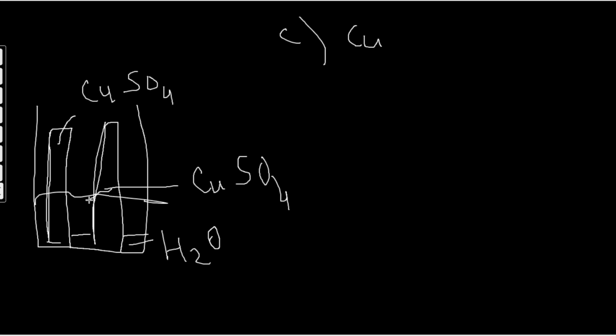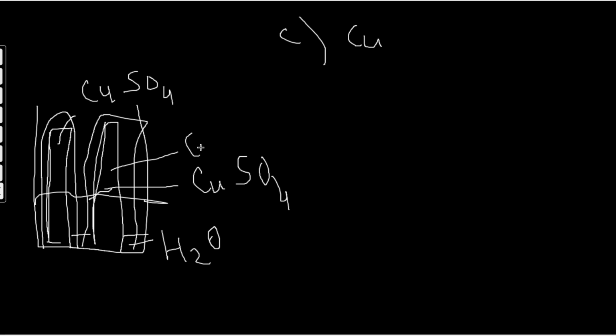just to clear it up, copper sulfate is the electrolyte. And because there are two different electrolytes, we have sort of tubes around each electrode. So we have two different electrolytes, not two different electrodes.